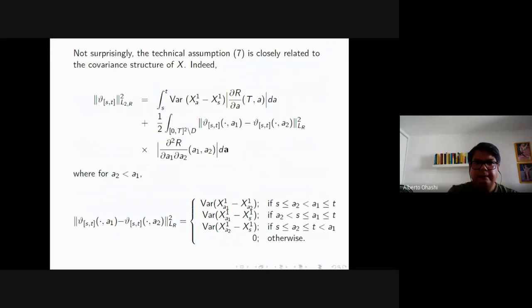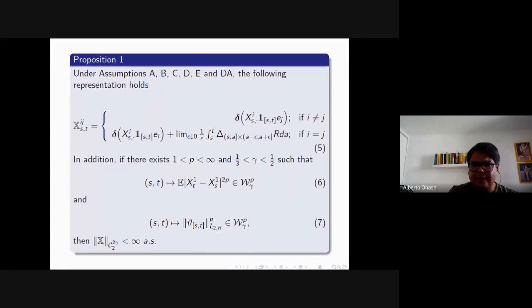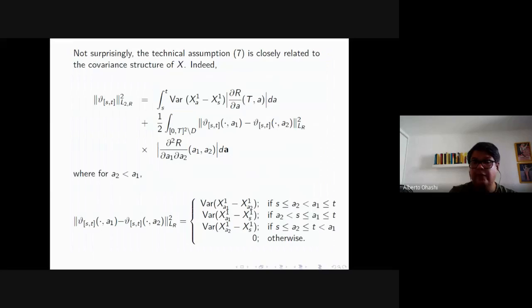Okay. So I just want to say that Assumption 7 is really about the covariance structure of your driving Gaussian process. You can rewrite this condition in terms of this sum of integrals, where the covariance structure of your Gaussian process really appears explicitly. Var theta has to be finite.